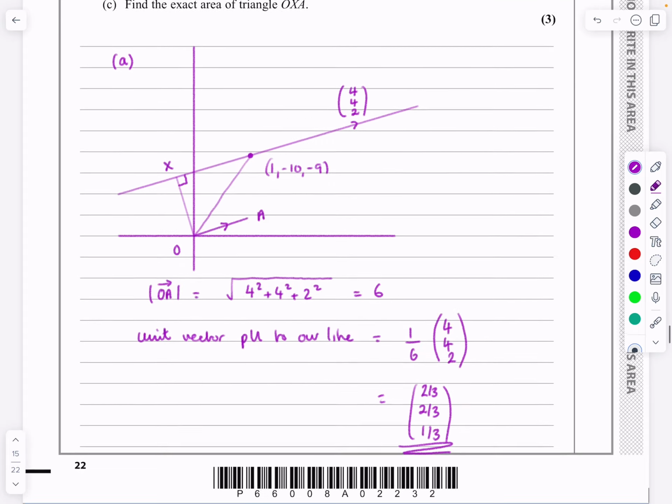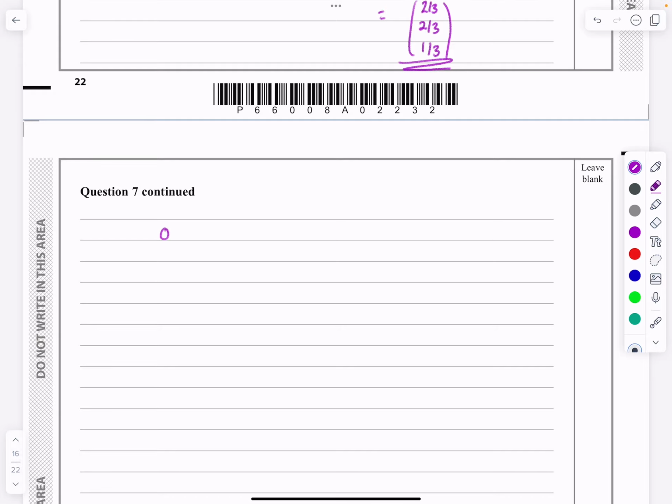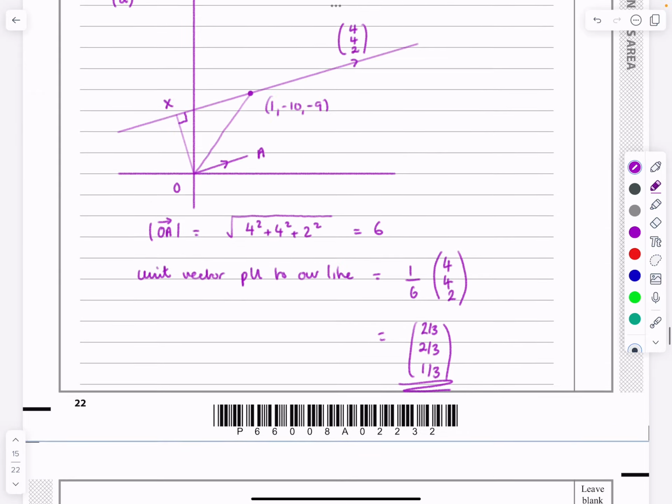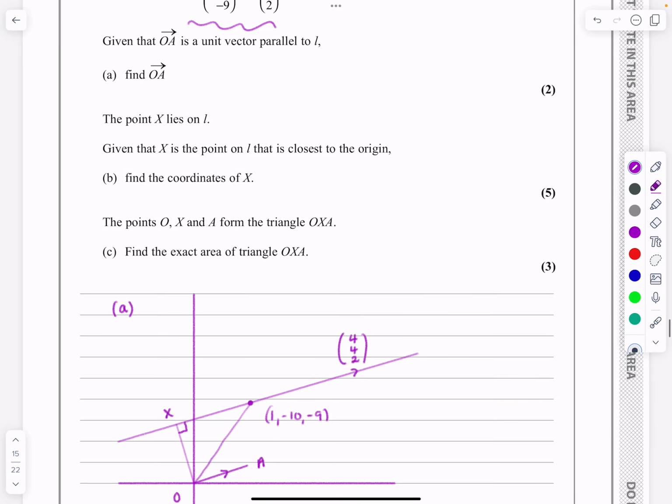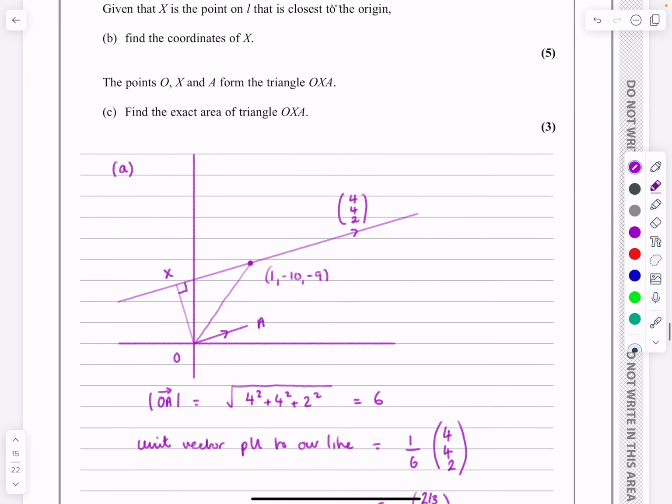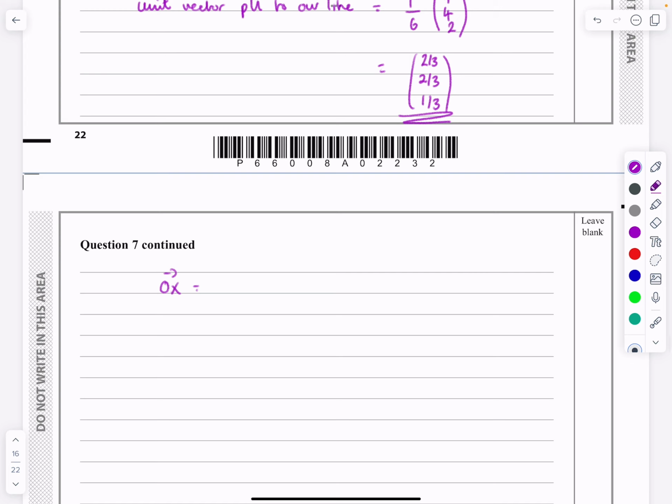I could start off by saying OX is going to be equal to (1, -10, -9) plus lambda lots of (4, 4, 2), or in other words, (1 plus 4 lambda, -10 plus 4 lambda, -9 plus 2 lambda).